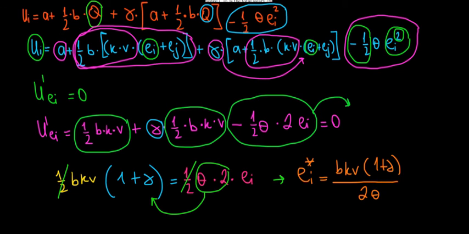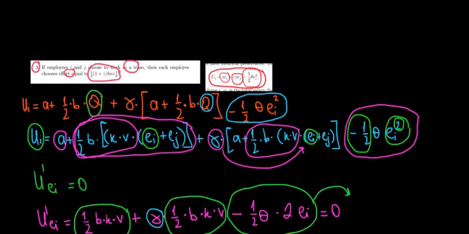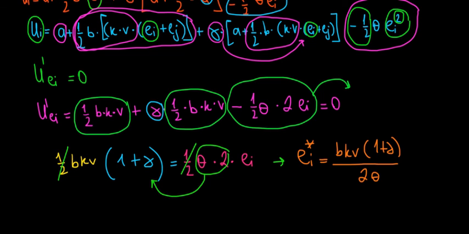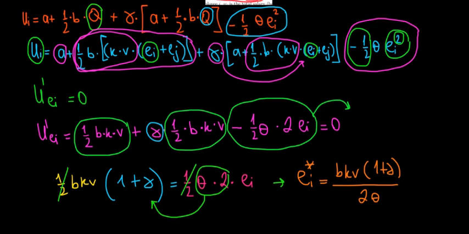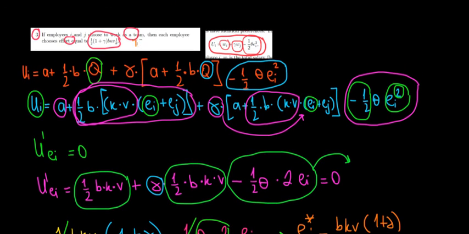And let's have a look at the answer key to see if that's the case. The answer key tells us 1 over 2 times 1 plus gamma times BKV times 1 over theta, which is pretty much the same as we just did over here. So the answer is true, and we are done.